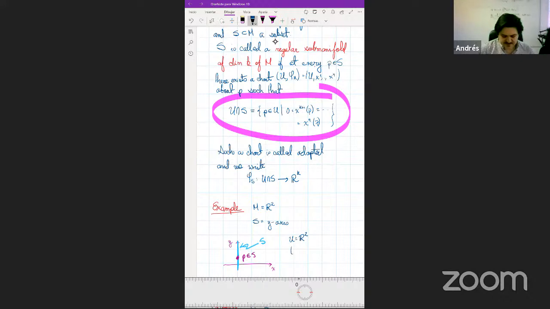And let's take the standard chart, right? R1, R2. So U intersection S. You are required to have R1 must be 0, and R2, whatever.